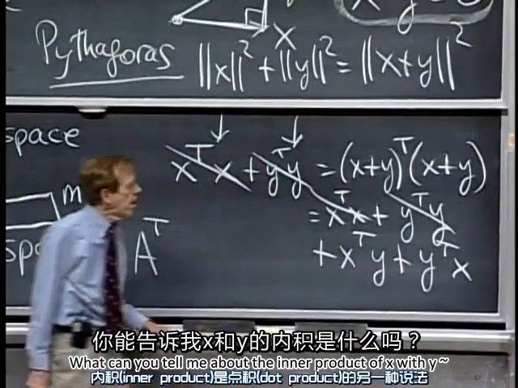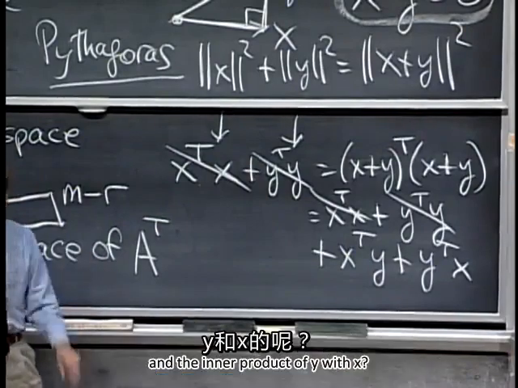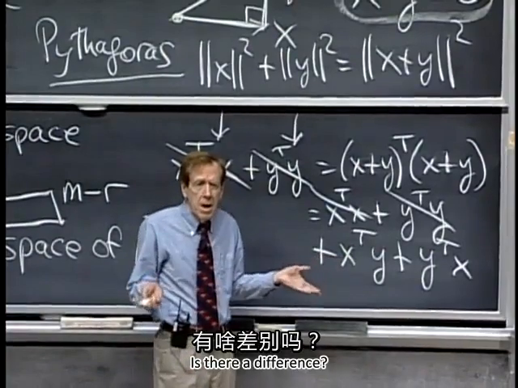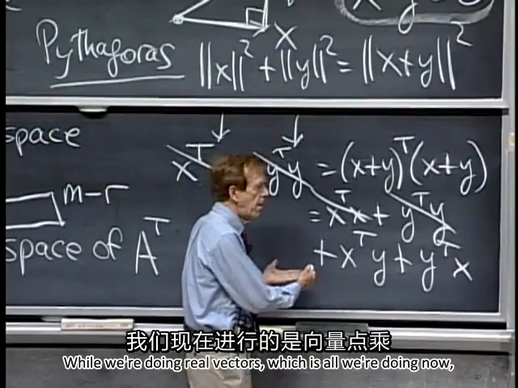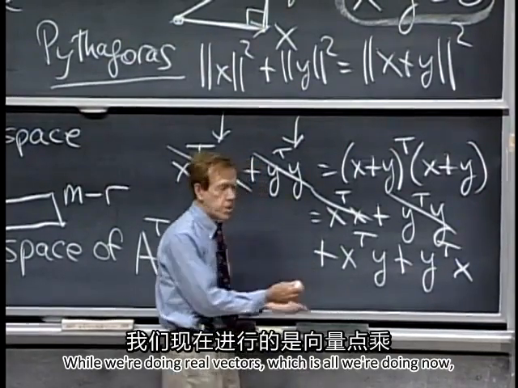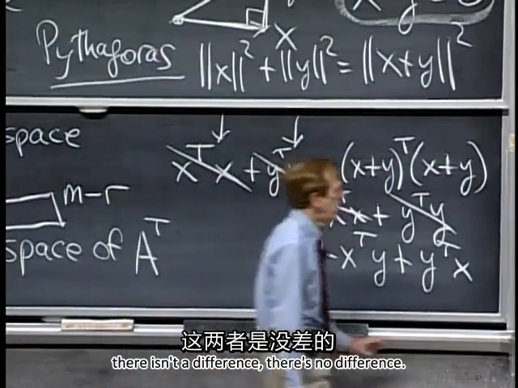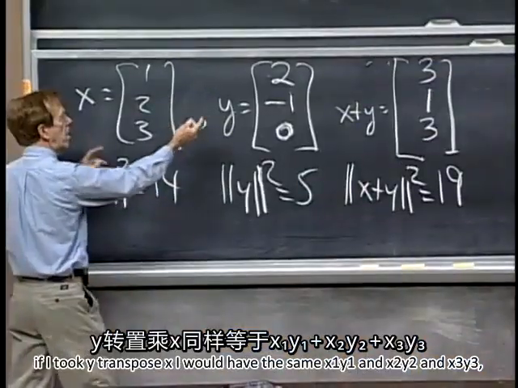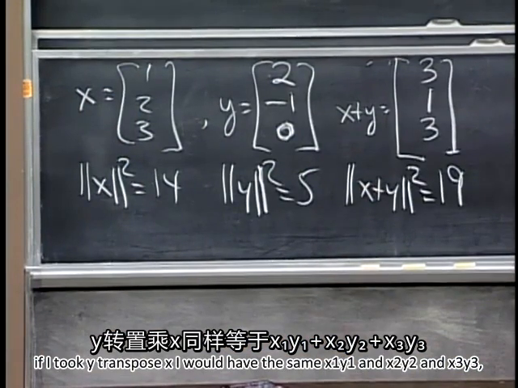What can you tell me about the inner product of x with y and the inner product of y with x? Is there a difference? While we're doing real vectors, which is all we're doing now, there's no difference. If I take x transpose y, that'll give me 0. If I took y transpose x, I would have the same x1, y1, and x2, y2, and x3, y3.